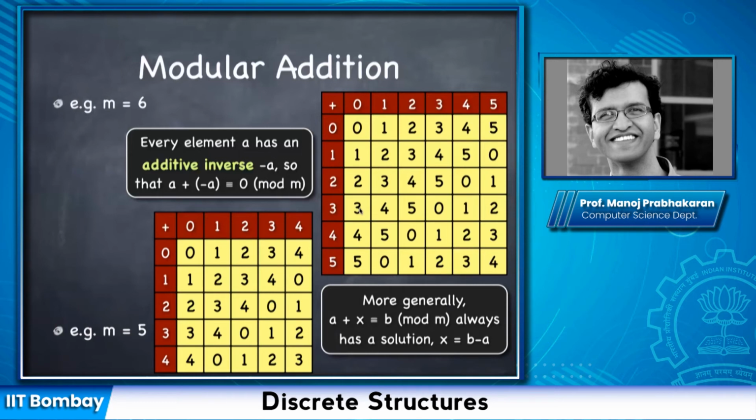Here we have a finite set, and addition is just a permutation in that finite set. For integers, also addition is a permutation, but it's an infinite set. So it has some of the nice properties of integers, but now the universe is a finite universe.